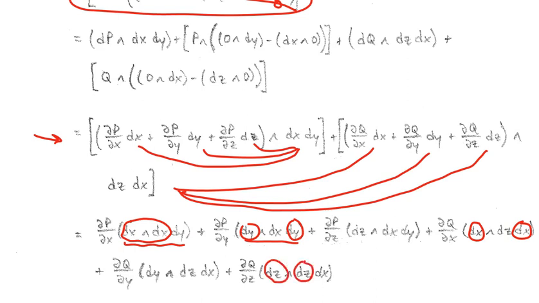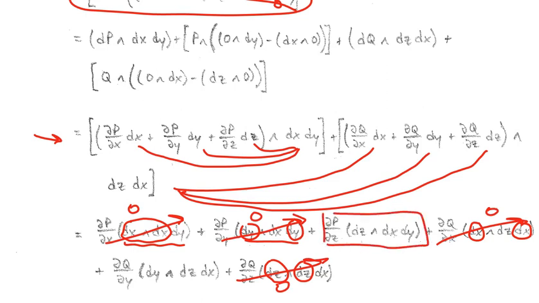If you see the same basic one form showing up twice, when you take that wedge product, that whole thing is just going to be 0. So all these terms here are going to vanish. So all we're left with are these two terms.